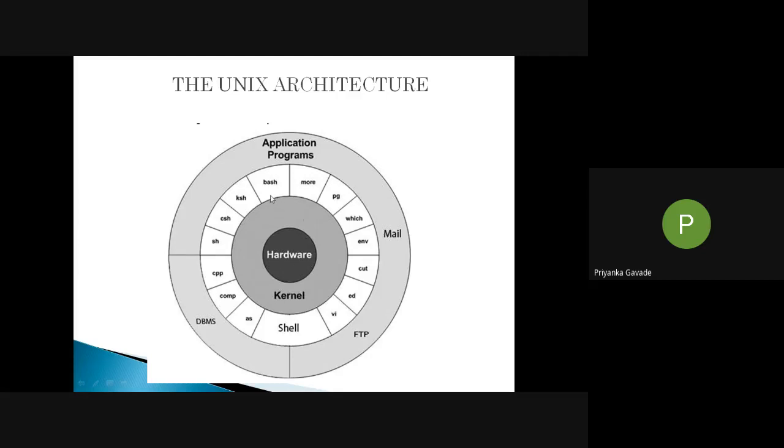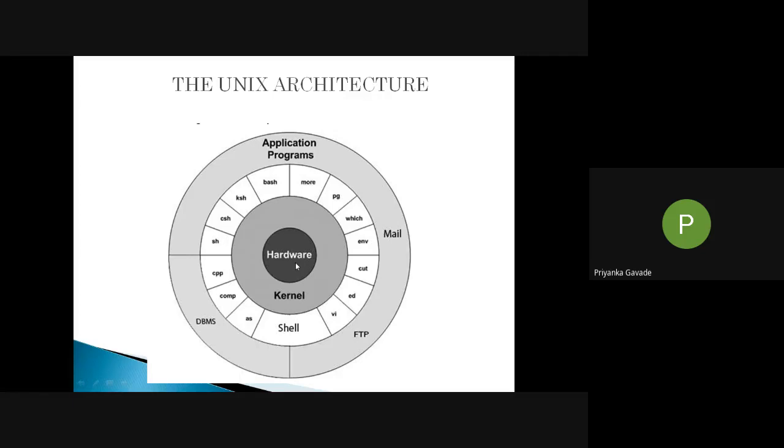When a system call is made, the kernel performs the job on behalf of the user.